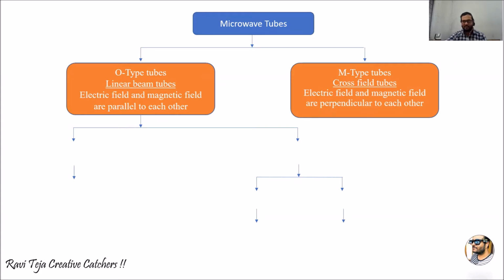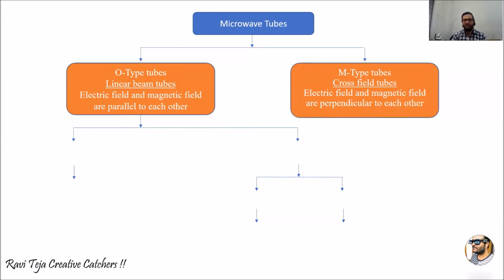M-type tubes are also called cross-field tubes, where electric field and magnetic field are perpendicular to each other. These M-type tubes will come up in further units.